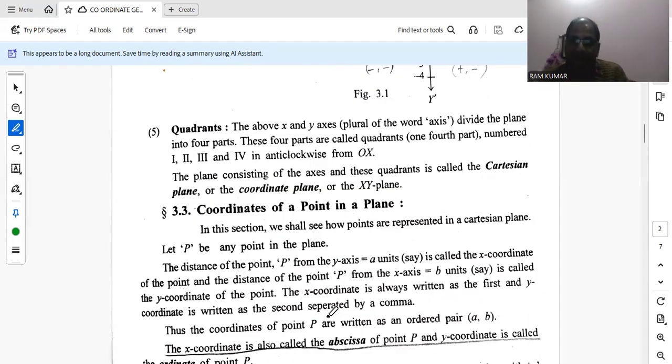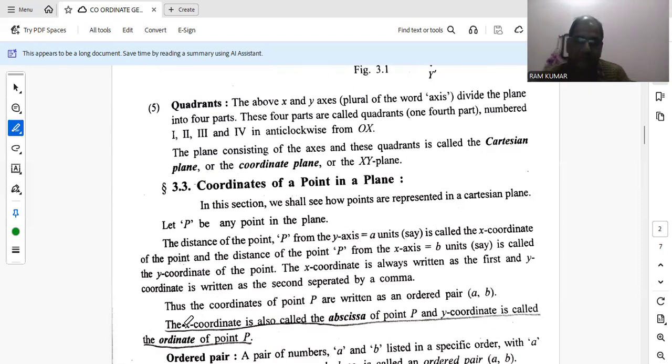You can call the first coordinate, the x coordinate, the abscissa, and the y coordinate you can also call the ordinate. Here it is written very clearly: the x coordinate is also called the abscissa of the point P, and the y coordinate is called the ordinate of the point. So you can use either name. Abscissa and ordinate are the other names of the x coordinate and y coordinate.